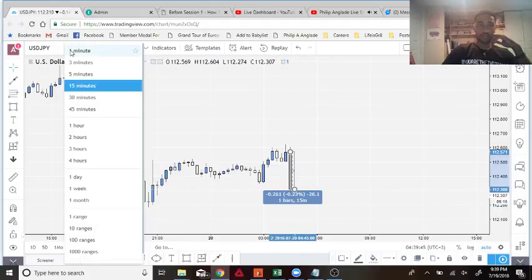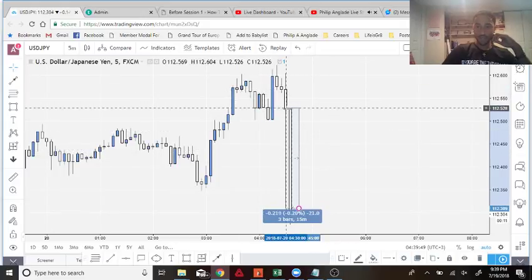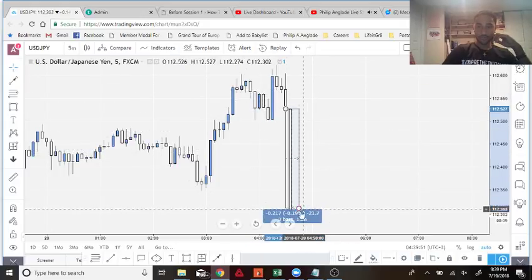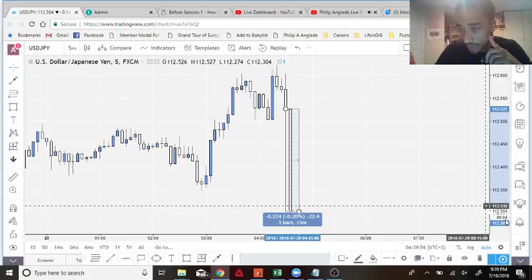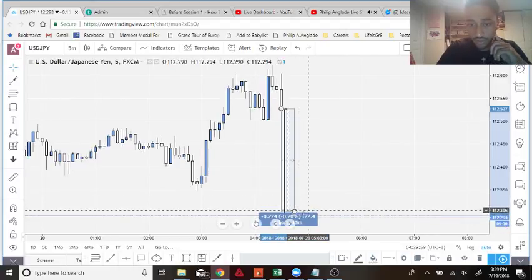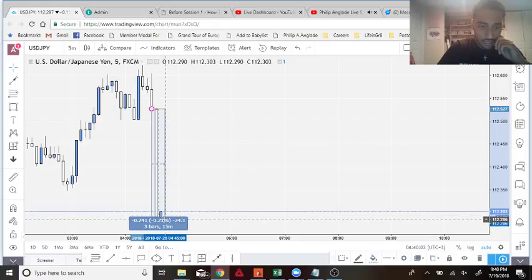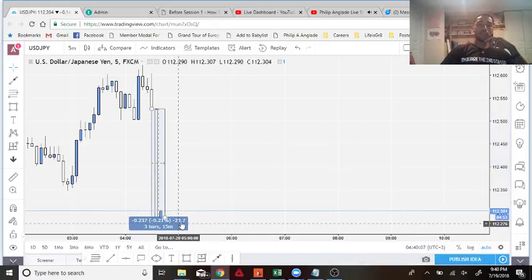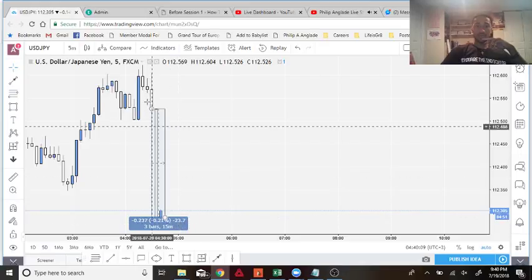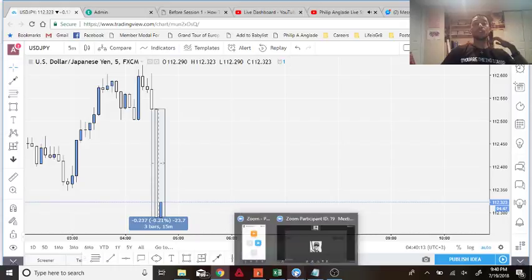I'm going to break this down to a 5-minute. So this one candle is 5 minutes, and it's just about to close right now. So it just closed. So in 5 minutes, this one candle moved 23 pips. Even though it went down, it still moved 23 pips, okay, which is crazy.